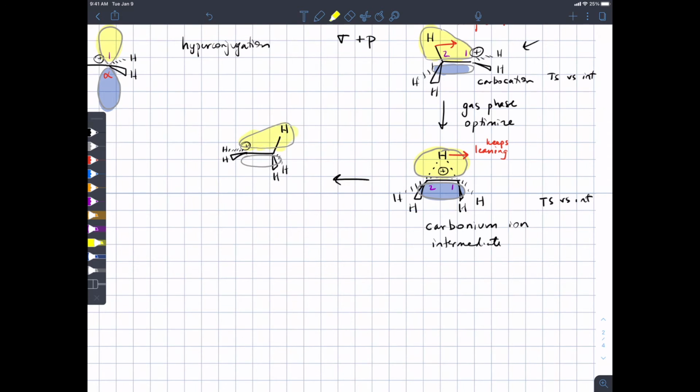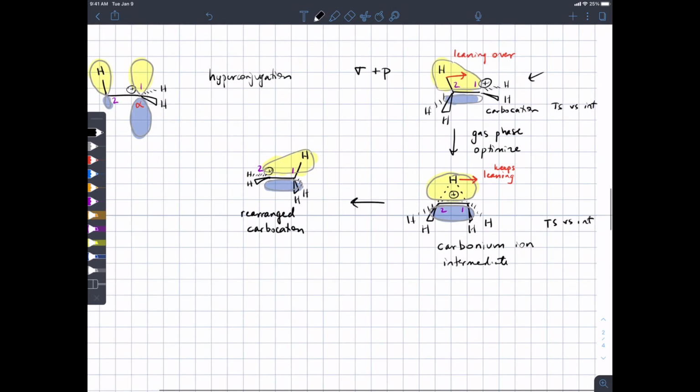If that hydrogen continued to lean on over, we would eventually get to a situation where the CH bond was on carbon 1 instead of on carbon 2. We traded. We moved atoms around. We rearranged from one carbocation to another.